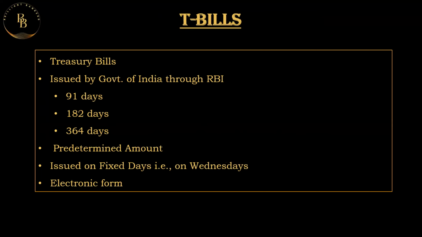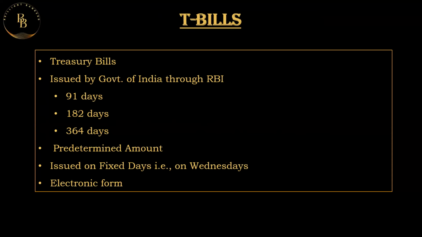It is normally issued on a fixed day, that is on Wednesdays. Currently the 91 day T bill is issued weekly, every week on each Wednesday. The 182 day T bill is issued fortnightly, once in every 15 days, again on the Wednesday preceding the non-reporting Friday.